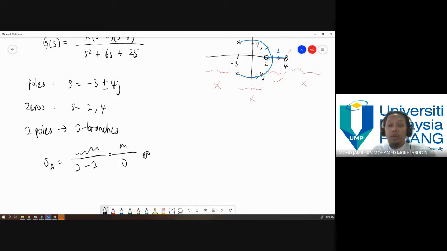Meaning that there is no asymptote. If you have the same number of poles and zeros, the denominator will become 0. So no asymptote, no need to calculate. Okay, so we know that there is no asymptote.